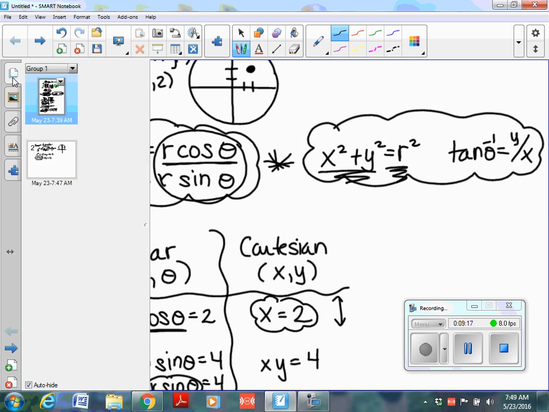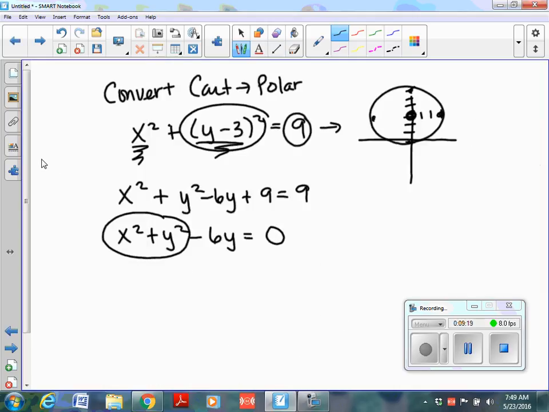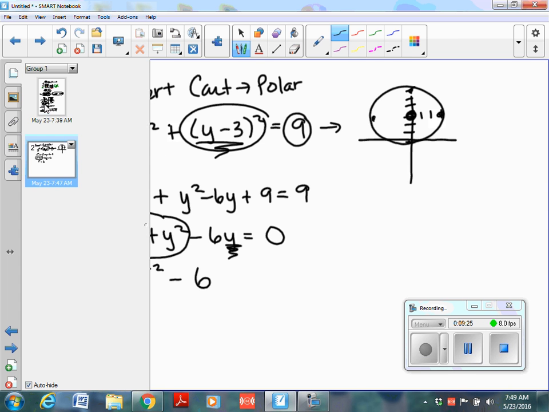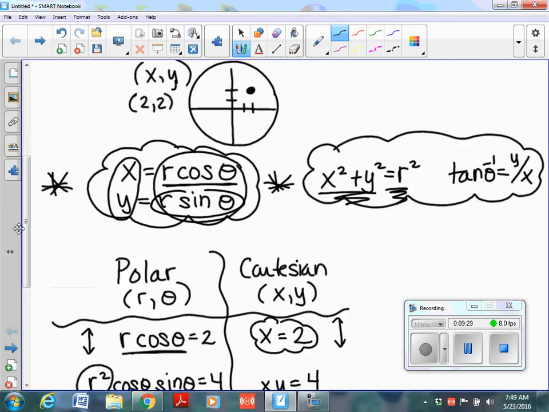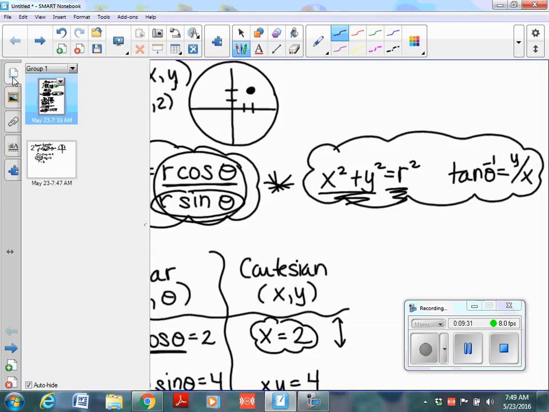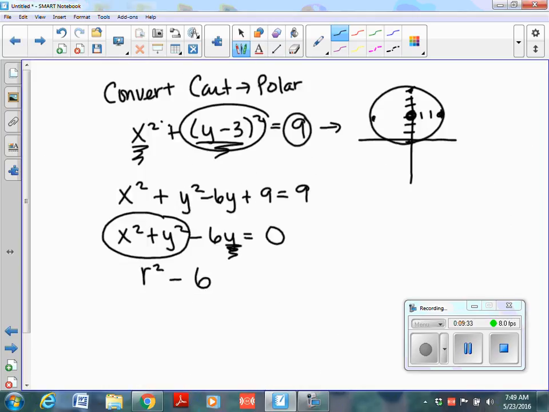Equals r squared. So all I'm going to do is substitute r squared here, minus 6. And what do I change y to? I'm going to go back to my formula. I'm going to change y to this, r sine of theta. So that equals 0. And I'm just going to leave it like that.